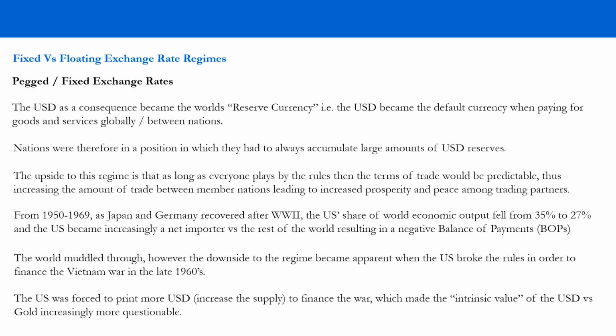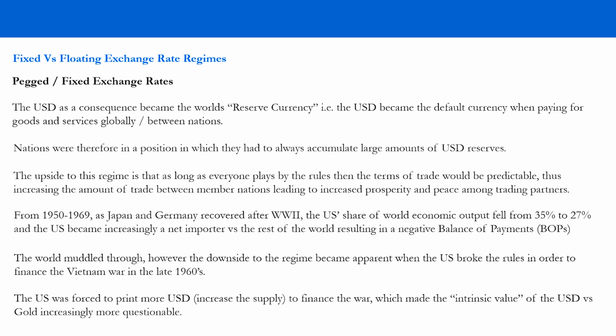A few years later, between 1950 and 1969, Japan and West Germany recovered after World War II, and the US's share of world economic output fell from 35% to 27%.